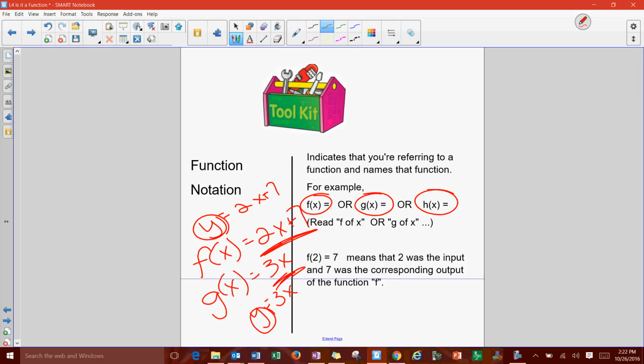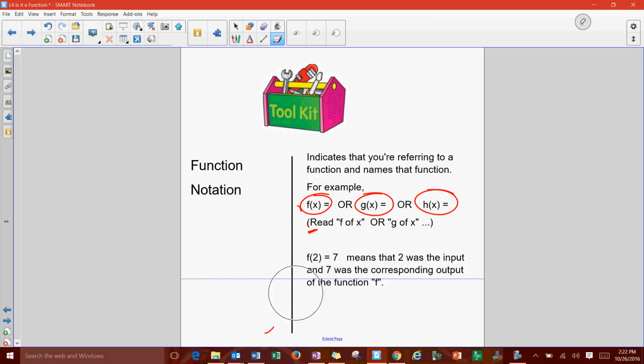Something else I want to show you down here at the bottom. F of 2, so let me erase all this stuff. F of 2 equals 7. That means that 2 was the input and 7 was the corresponding output of the function f.